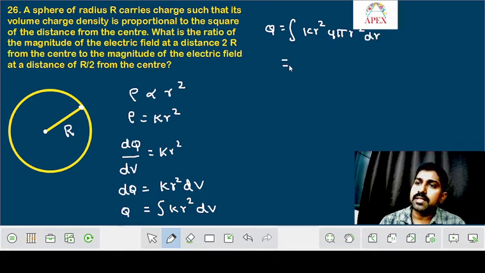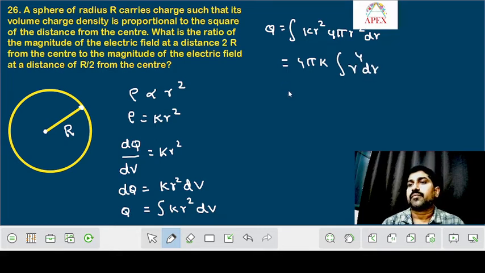So all the constants you write outside the integration, that is 4 pi k, and the remaining one is integral r square into r square, r power 4 dr. Finally you have to take the integration from 0 to capital R, that means for the whole volume of this particular sphere you have to calculate the charge.